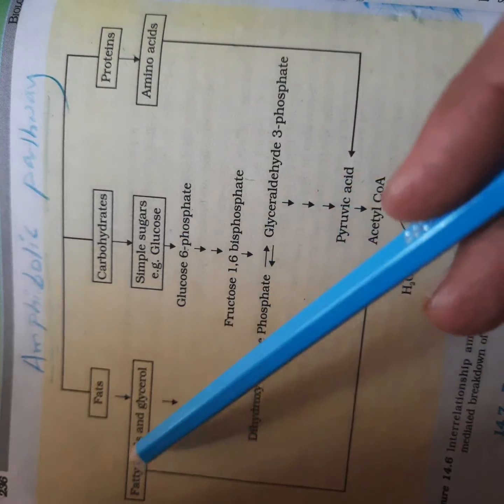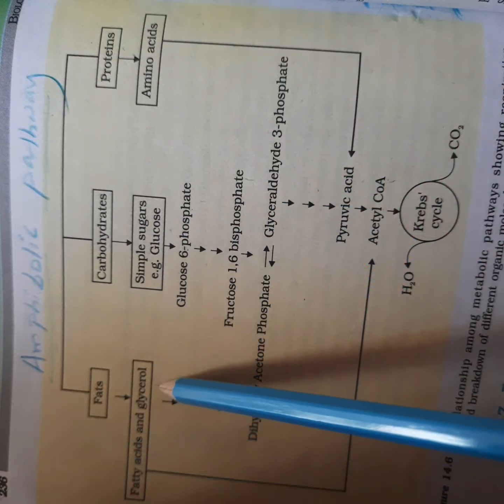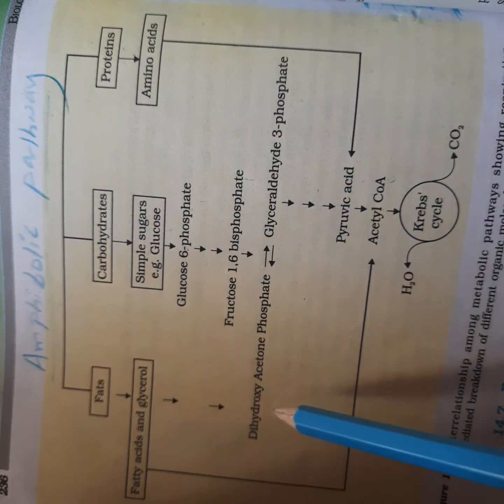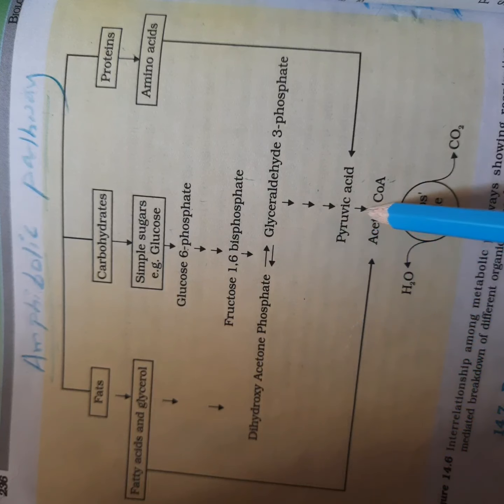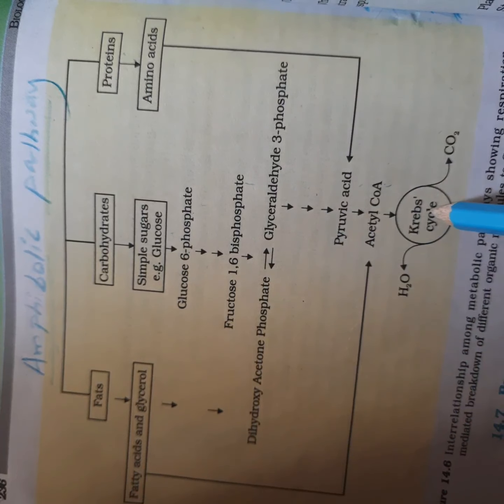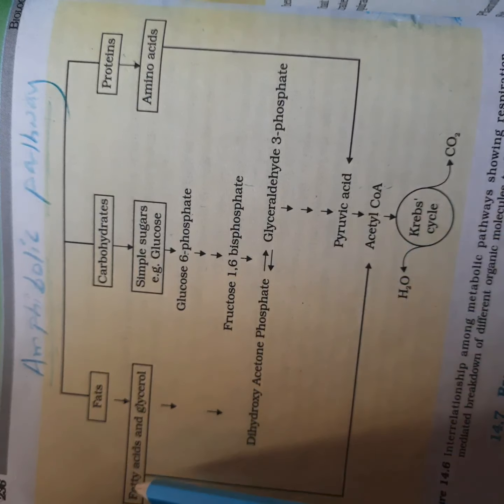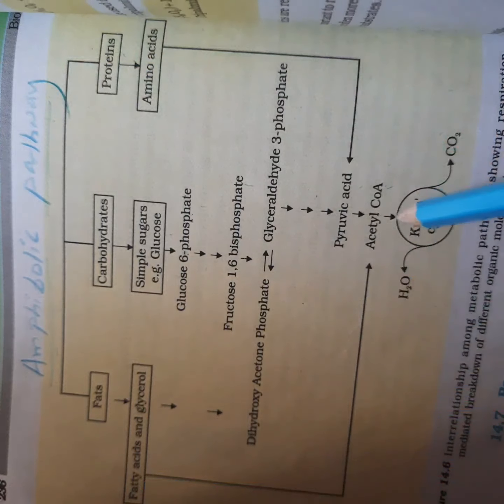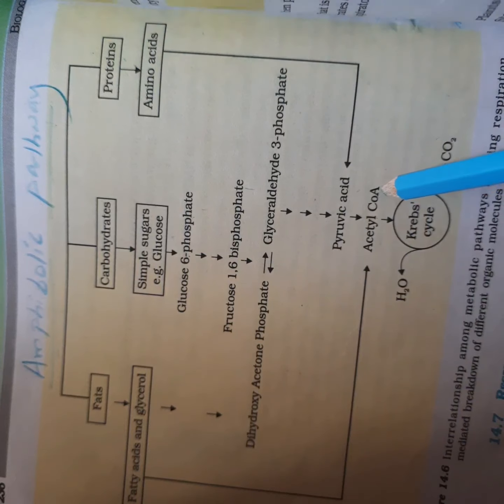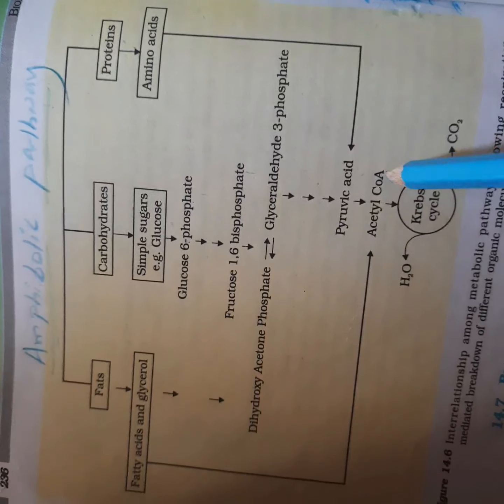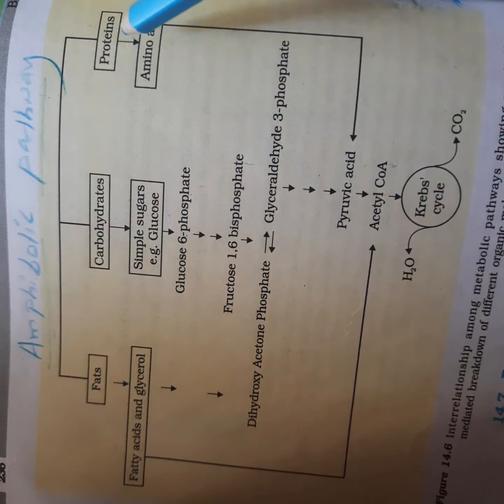Here they have given the flow arrow mark. Glycerol enters the respiratory pathway in the form of dihydroxyacetone phosphate, then into pyruvic acid, then into the Krebs cycle. Whereas fatty acids can directly enter the respiratory pathway in the form of acetyl coenzyme A. So this is about the fat metabolite.